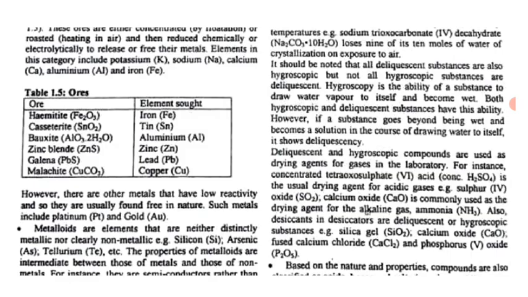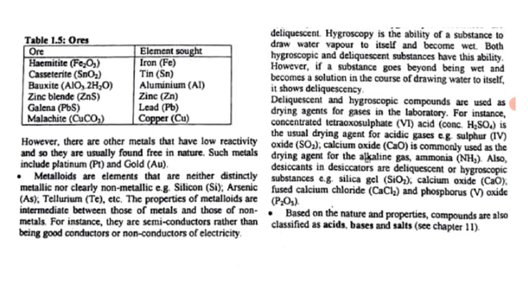We have the ores: hematite for iron, cassiterite for tin, bauxite for aluminium, and lastly malachite for copper. It's not that they have only one ore; they have others, but what they give you are just the common ones. However, there are other metals that have low reactivity, and so they are usually found free in nature. Such metals include platinum and gold.